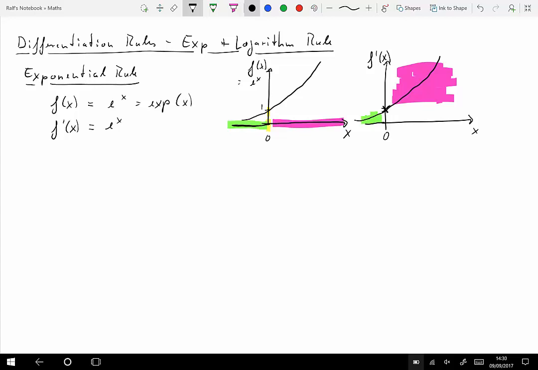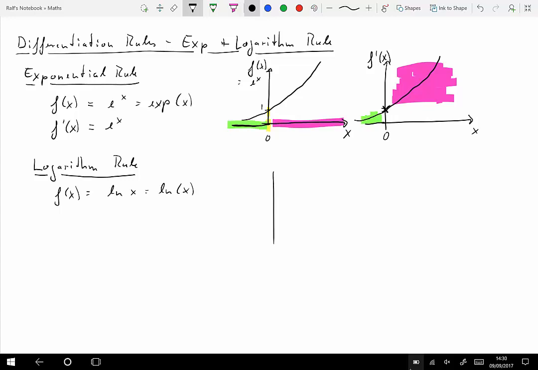Next we are looking at the logarithmic rule, so the rule of how we differentiate a function that contains the logarithm. Here we are talking about the natural logarithm, the one which occurs most frequently in economics.